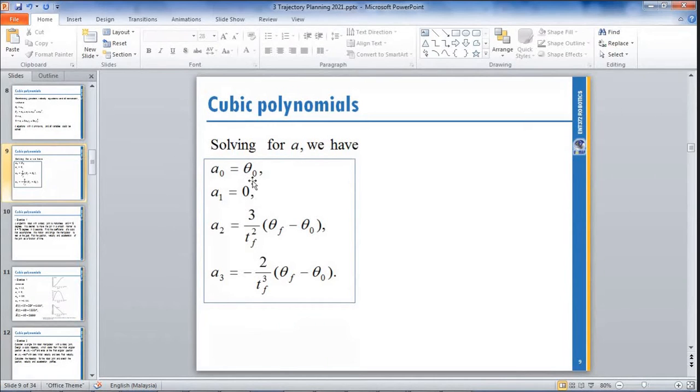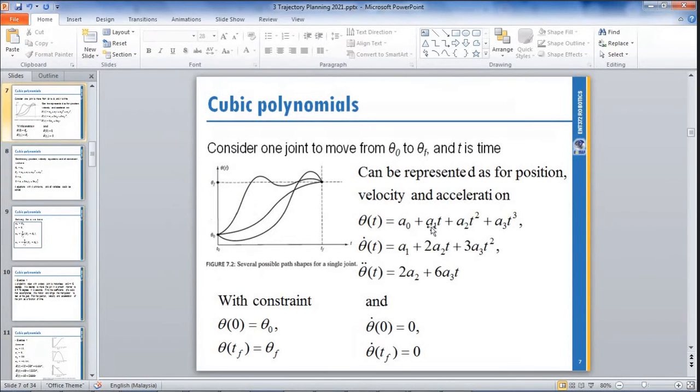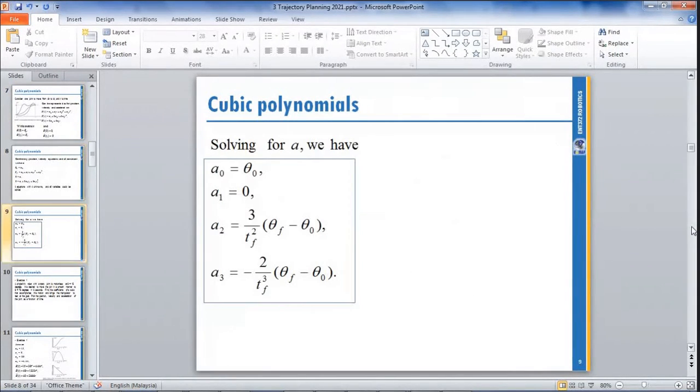a0 equals theta 0. And then you need to find a0, a1, a2, a3. To find a2 and a3, you will use this formula: theta final minus theta 0, where theta 0 is the starting or initial, over t final to the power of 2, so time final to the power of 2.